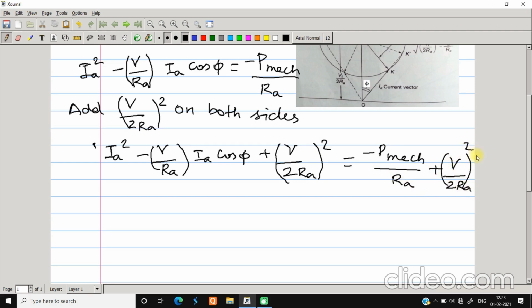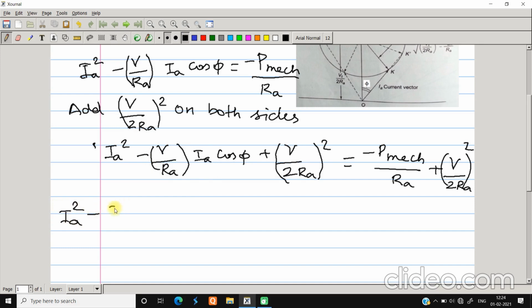And for this particular term, we will have V by Ra into Ia cos phi. In order to have this equation as a cosine rule equation, we need this term to become the cosine rule term also. So we will have 2 as a denominator and multiply and divide by 2 on this term itself, because by doing that our generality is not violated.